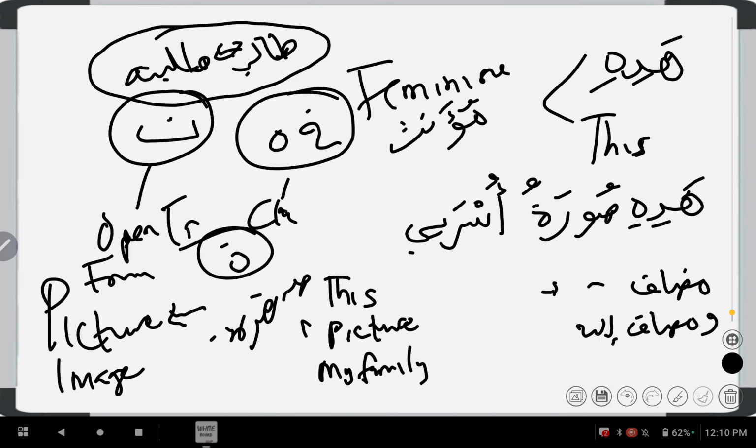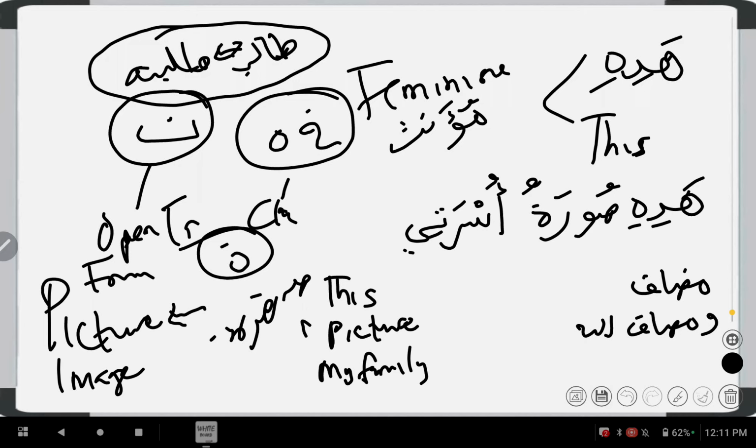So now we have suratu usrati. Even though that has already happened in usrati, my family: usratun is coming, and that ya is another word that makes it two words, my family. So هذه suratu usrati. This is the picture of my family.